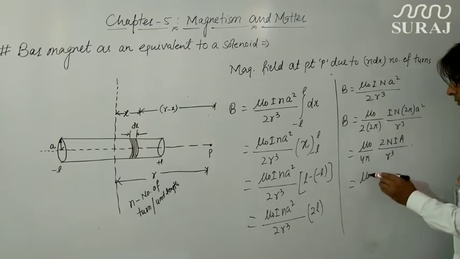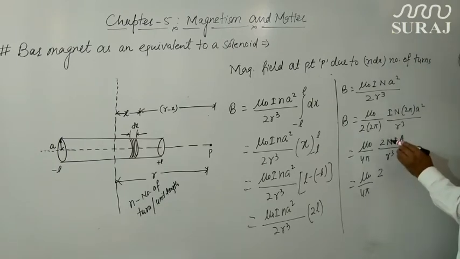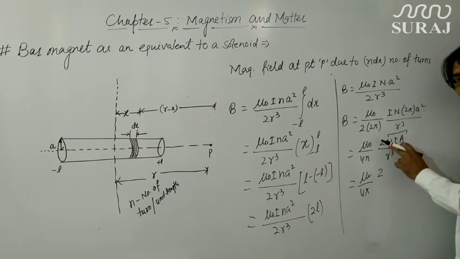Now we are going to have a very interesting result here. This N I A is the magnetic dipole moment of these loops, or the total magnetic dipole moment of this solenoid, because if we multiply current by the area of the loop, it gives dipole moment, and N is the total number of turns in the entire length of this solenoid.